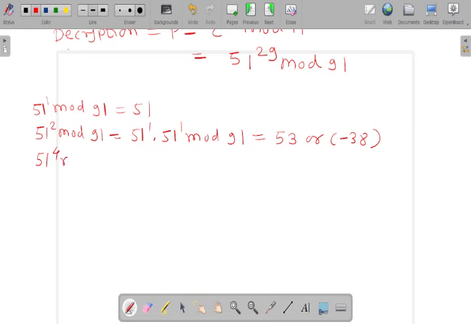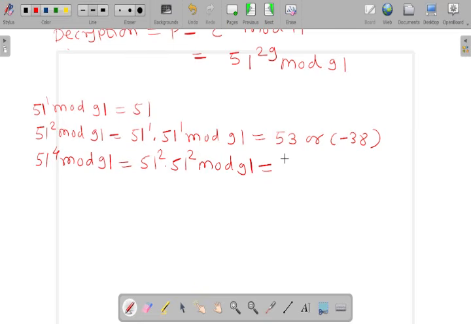Now 51 raised to 4 mod 91. You will get 51 raised to 2 into 51 raised to 2 mod 91. And what is the value after calculating 51 raised to 2? That is 53 into 53.